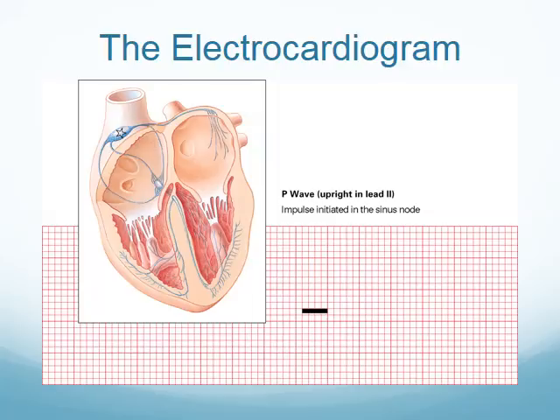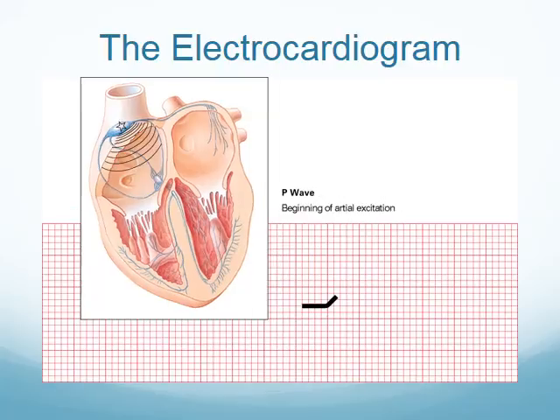So the P wave should always be upright in lead 2, and what happens as our impulse is.